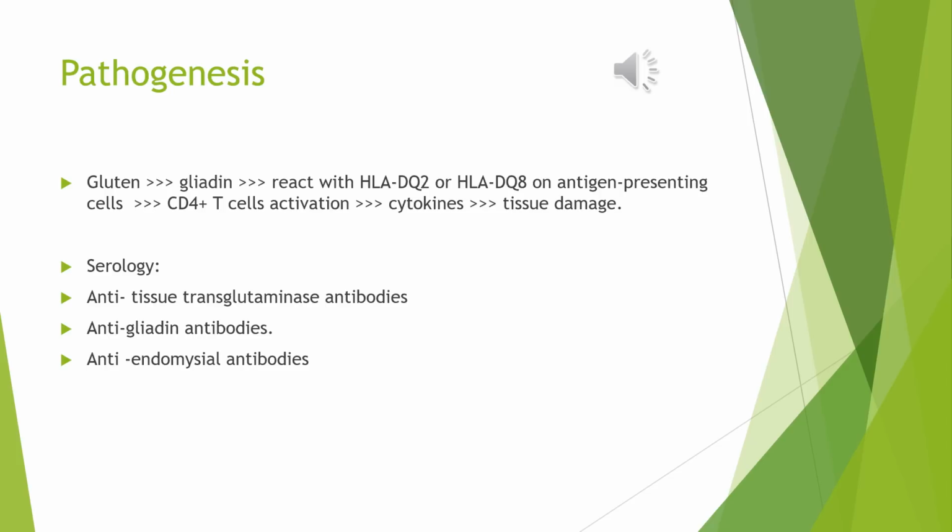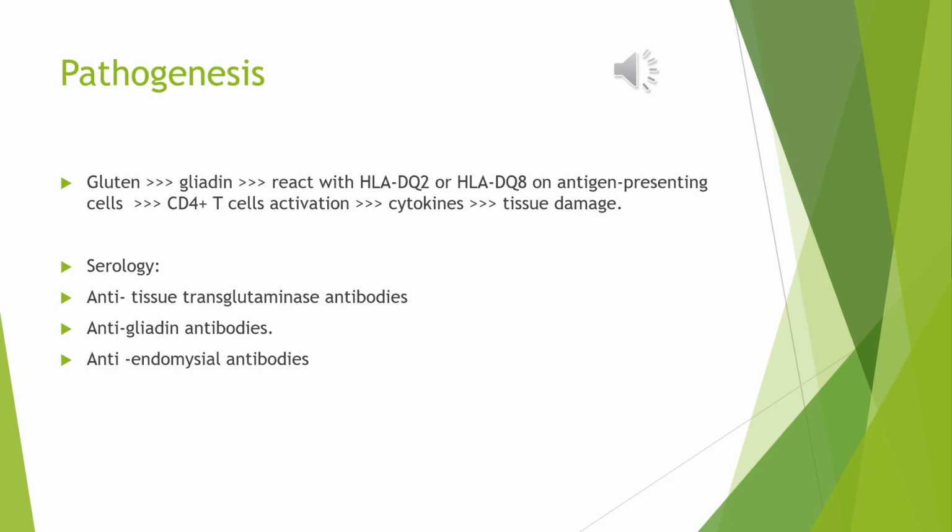This binding between the gliadin and the HLA-DQ2 or DQ8 will result in activation of T cells, principally the CD4 positive T cells. This activation of these T lymphocytes will lead to the production of cytokines, and these cytokines are responsible for the tissue damage that is associated with celiac disease.